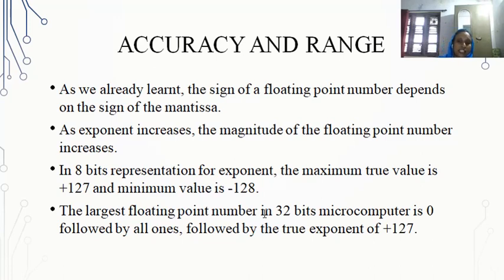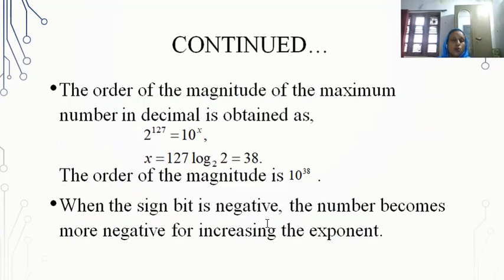This is the maximum number in this case. We have to check the order of magnitude of the maximum number in this system. The true exponent's maximum value is plus 127, so 2 raised to 127 must be equivalent to 10 raised to x to get its order in decimal. Taking logarithm, you find that x equals 38. So the order of magnitude is 10 raised to 38.